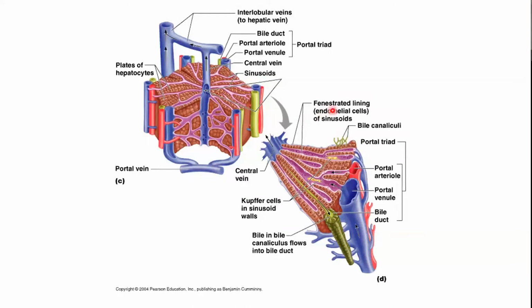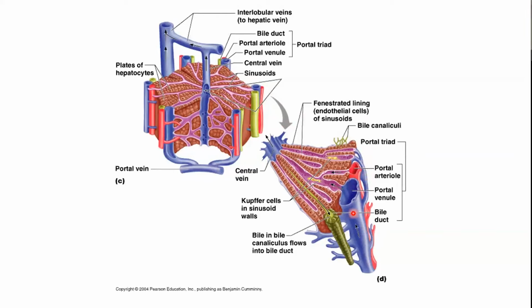And so to understand that, before we just keep talking about the route of flow, the students have to understand something about the anatomical organization of the liver. The liver is basically comprised of these individual lobules, which are sort of spherical units of liver tissue. Around the perimeter of those lobules, you have blood vessels.